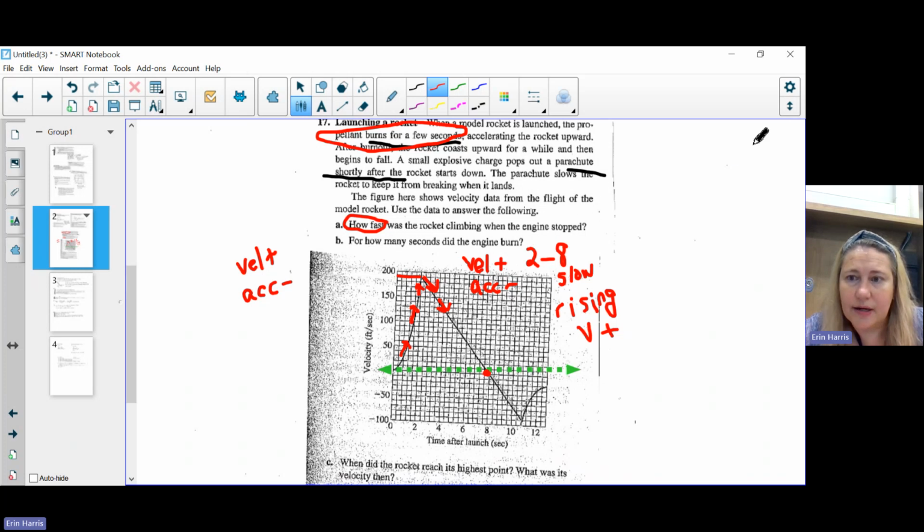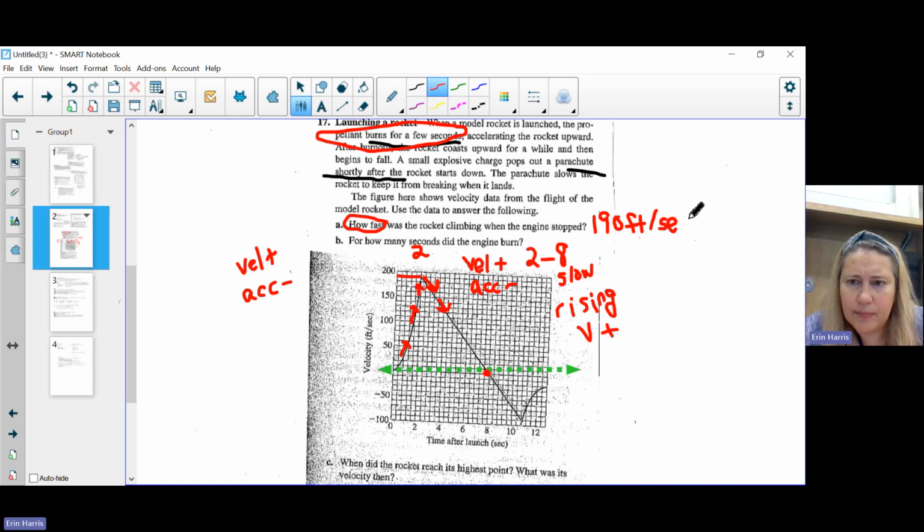So it appears here that if we looked across at 2 seconds, and for how many seconds did the engine burn? So that answer is 2. Okay, and then how fast was it going? So if we look over here, for speed, we take the absolute value of velocity, well, it was positive anyway, and then don't forget to include feet per second.